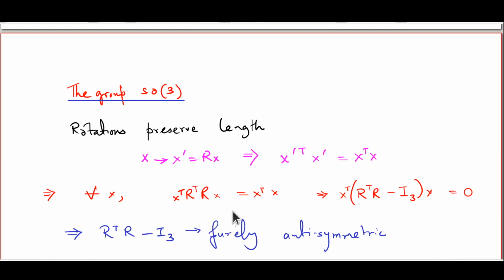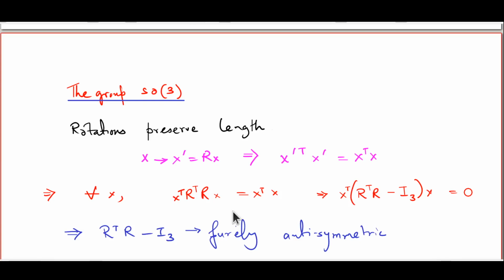However, this alone wouldn't have said that. This alone would have said R transpose R minus identity must be purely antisymmetric. I'm sure most of you know the proof of this by now. If you don't, work it out. It's pretty straightforward to figure out that if there is a matrix A which gives you x transpose A x equals 0 for all x, A must be purely antisymmetric.